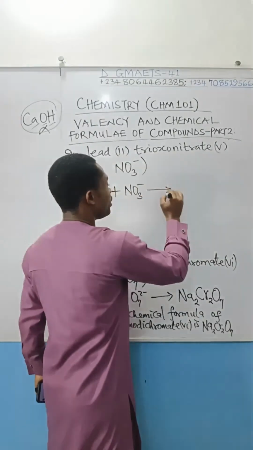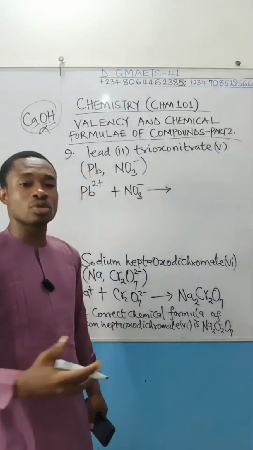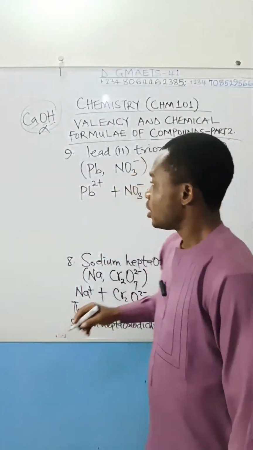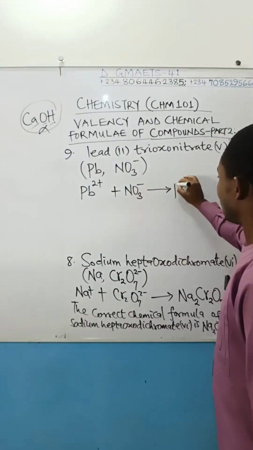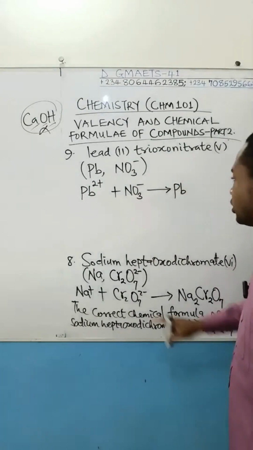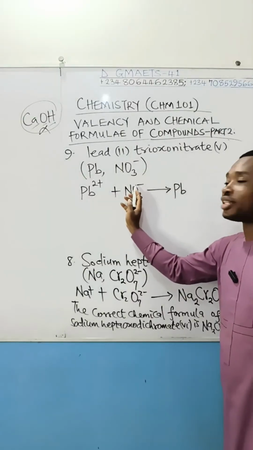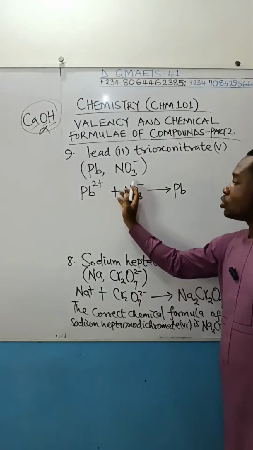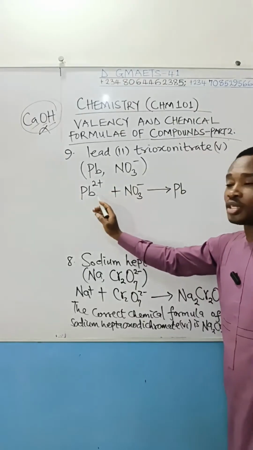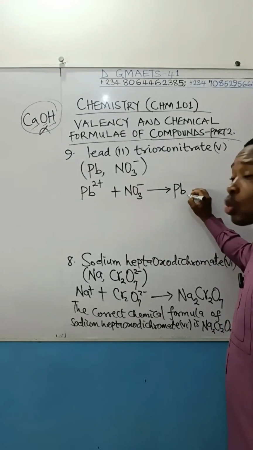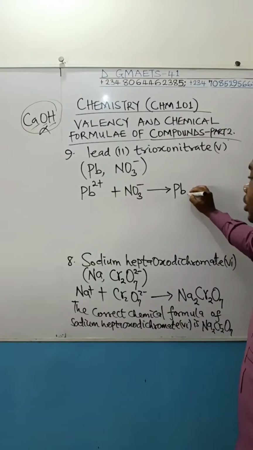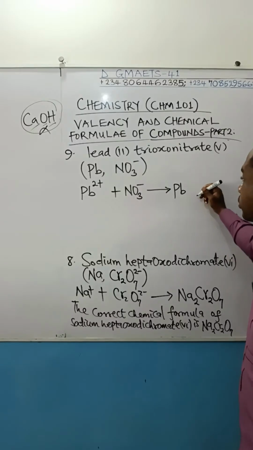Of course, there's going to be an interchange of valency, which will now become the atomicity. We'll write a positive element first, which is lead. This lead is going to receive this valency of 1 from NO3 to step it down to become its atomicity. So normally I'm meant to write 1 here. Atomicity of 1, we don't show it.